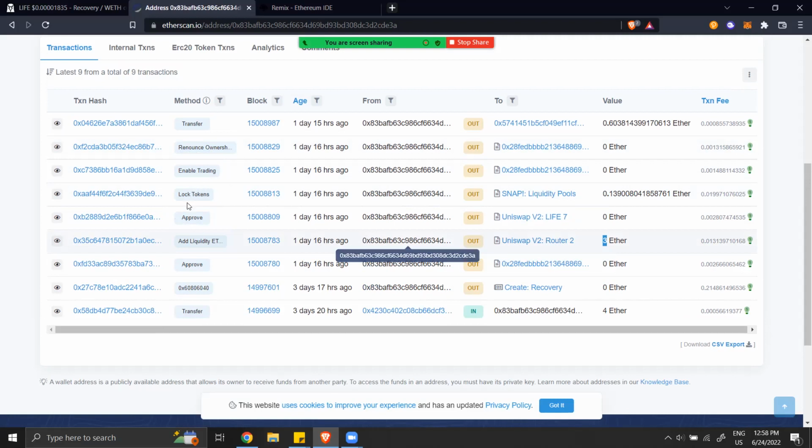And what we usually do is lock these tokens in a time lock contract for a given amount of time. And here it's on the Uniswap liquidity pools. It means that the contract deployer cannot withdraw all the liquidity he deposited from the pool, because in this case, he would make the swap unavailable.